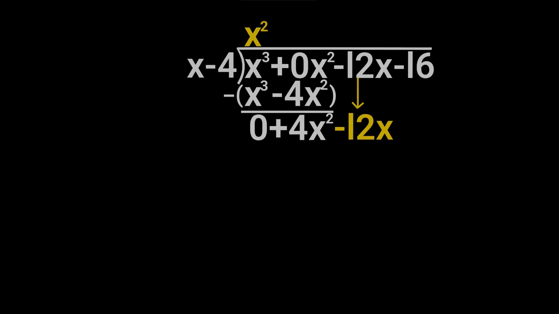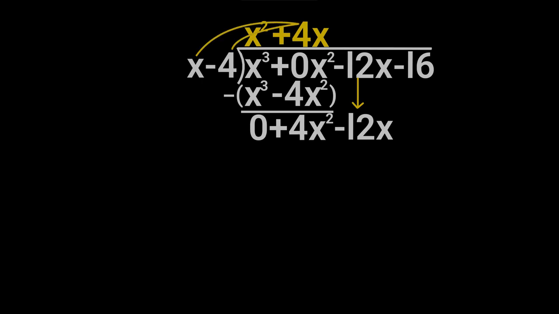Once we have that, we're gonna repeat the process. We're gonna take the 4x squared, and then we're gonna divide that by x, and then we got 4x. We're gonna take that 4x, we're gonna put on top of the division sign. Now we're gonna multiply 4x times the divisor.